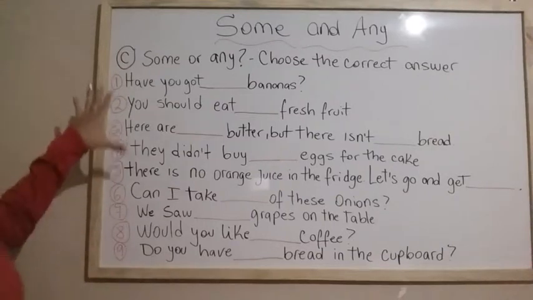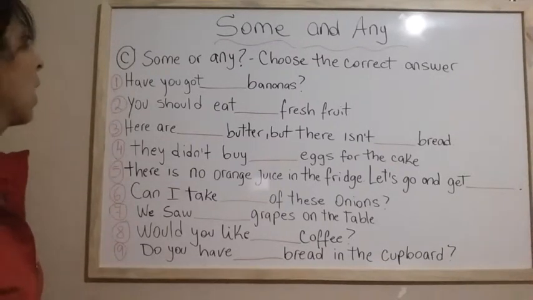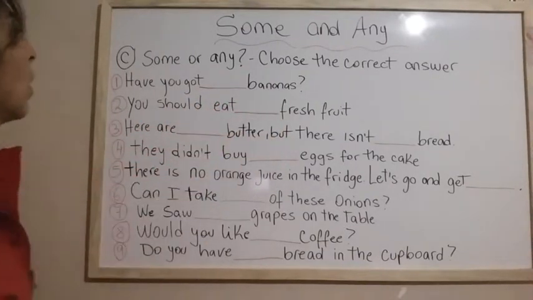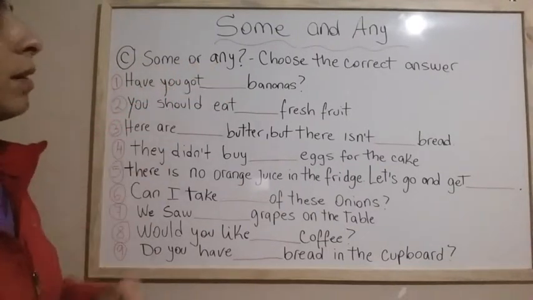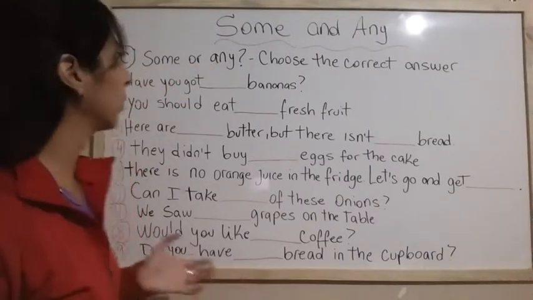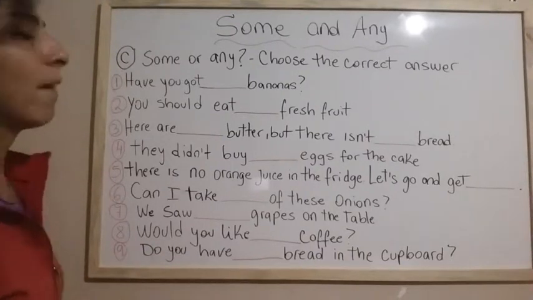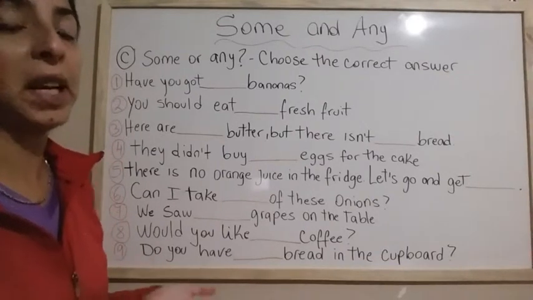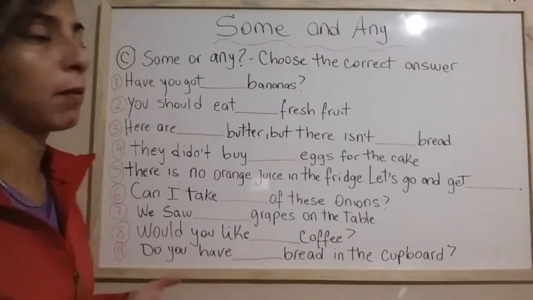Okay? Here we have some sentences and some questions. The first one is, have you got blah blah blah bananas? Which word we can use, some or any, according to the rules. In this case, we have a question. We have a simple question because we are not offering anything, we are only asking for some information.